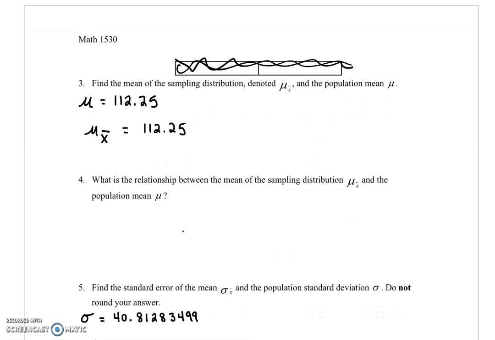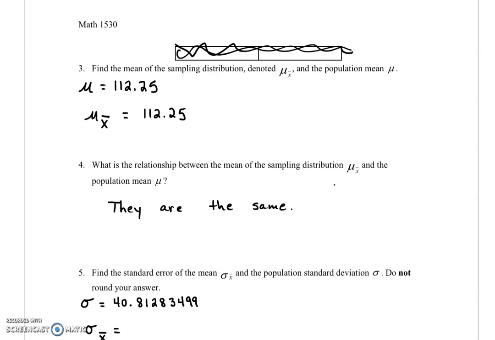So what's the relationship between those two? Well, they're the same. And that's always going to be true. The population mean is always going to equal the mean of the sampling distribution of the mean.